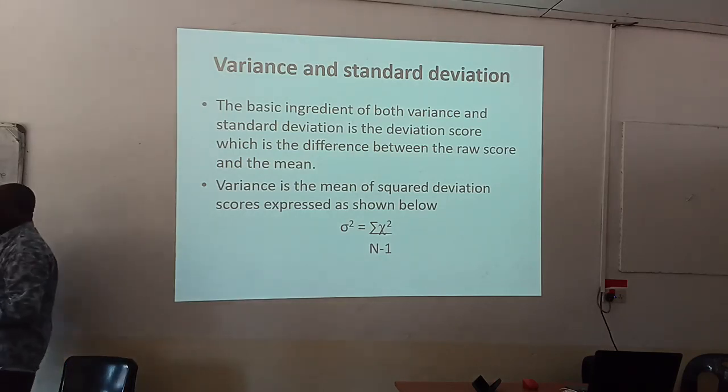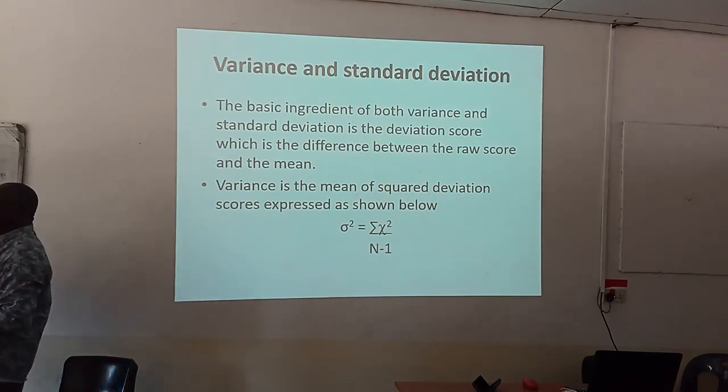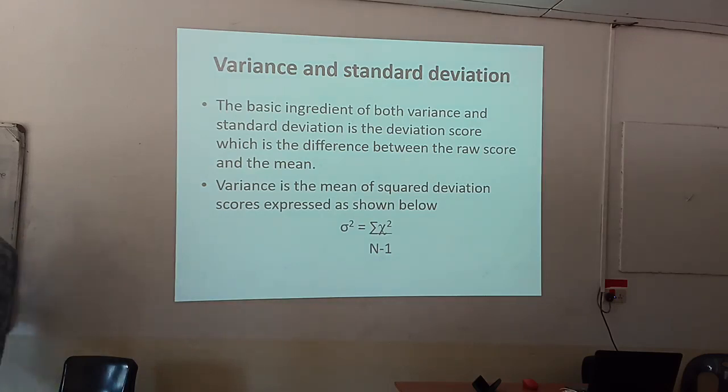So this is deviation squared. Now, since you square them here to come up with the variance, you need to bring that back to the level of your scores, to come up with the standard deviation.